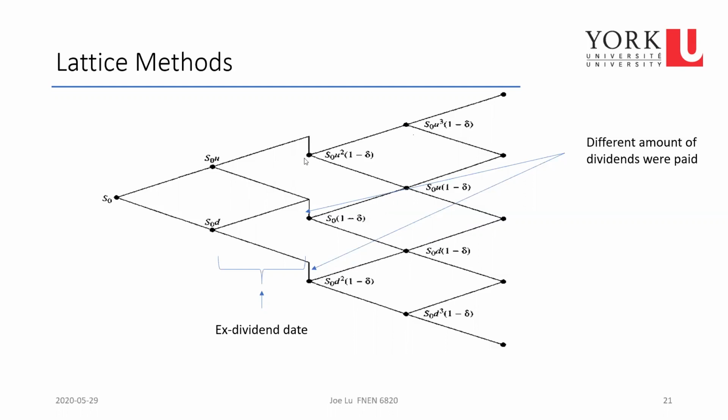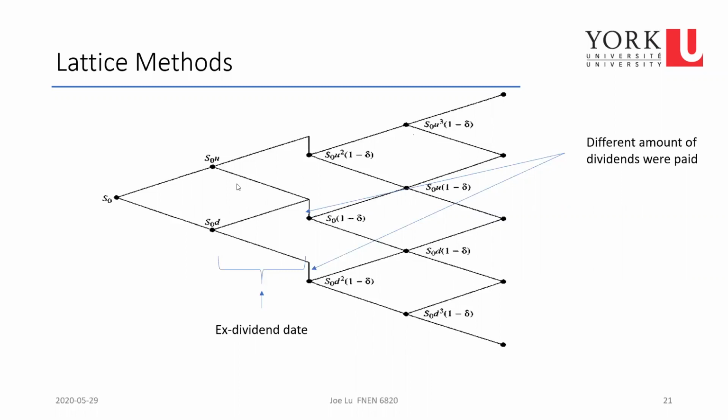because this one going down is really this thing going up, because you have S naught U squared times this, then times D, and D is equal to 1 over U. So this becomes S naught times U times 1 minus delta.